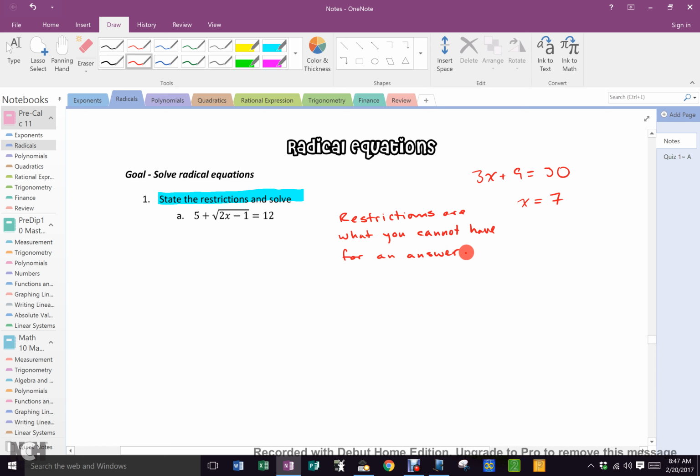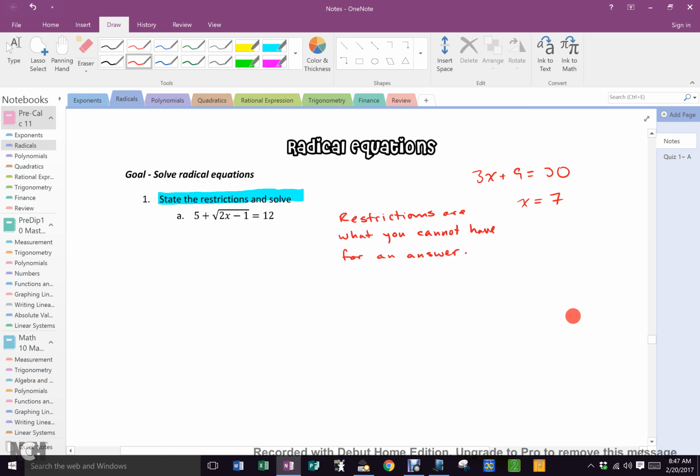Okay? Now, x lives right here in this expression, so I only have to care about one spot, yes? What do we know about square roots that will allow us to talk about what x isn't allowed to be? What do I know about, Lucas?